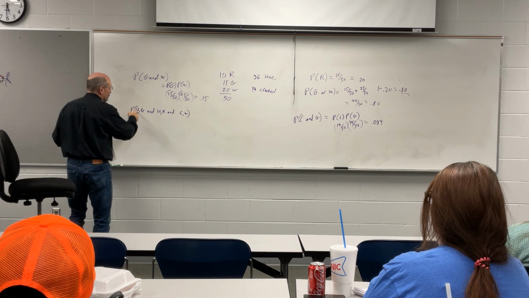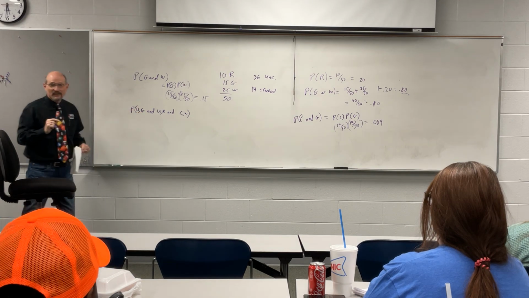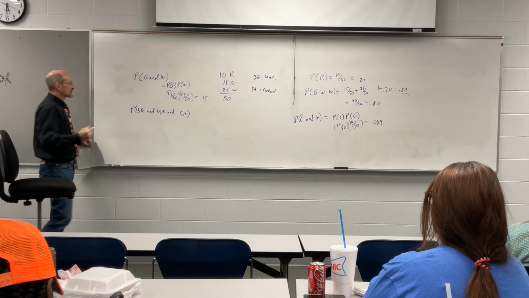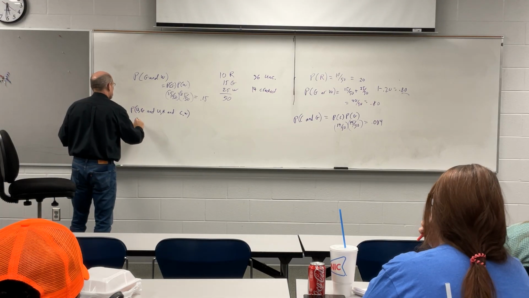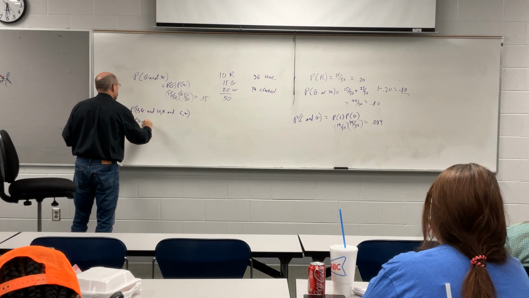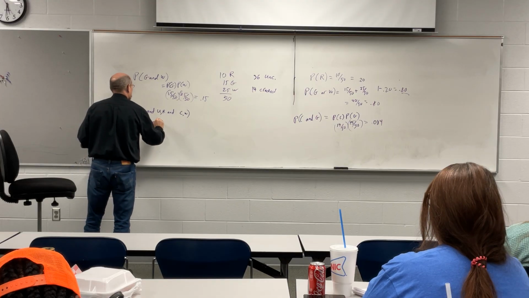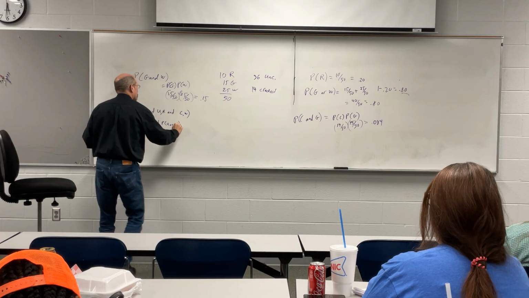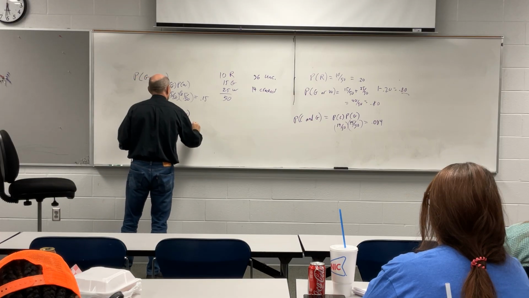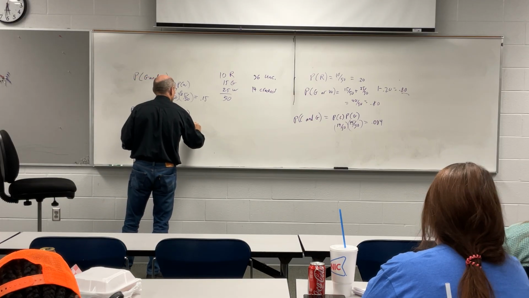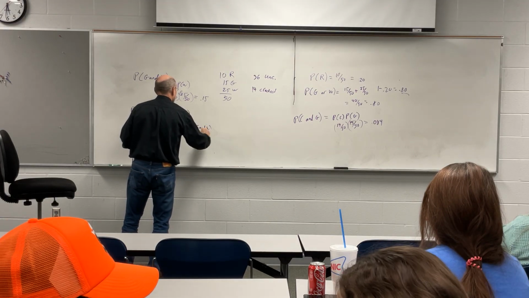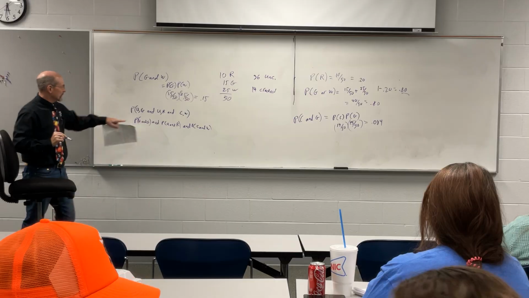Uncracked green is effectively uncracked and simultaneously green. And so this becomes probability of uncracked and green, and probability of uncracked and red, and probability of cracked and white. So you have 3 draws.